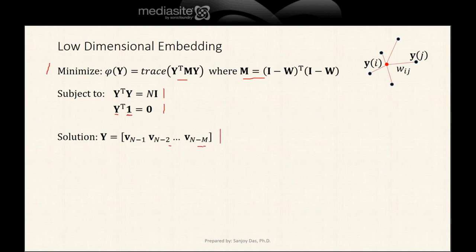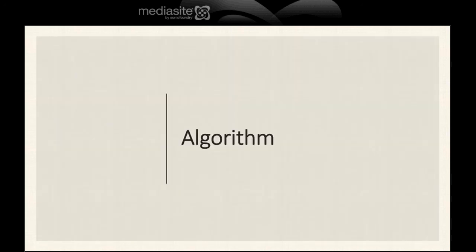We take these as the columns of our matrix Y. And we again need to scale each of these eigenvectors, each of these columns of Y, so that V transpose V should equal n. So each of these columns has a Euclidean norm of square root of n. And that's our solution to the embedding problem.